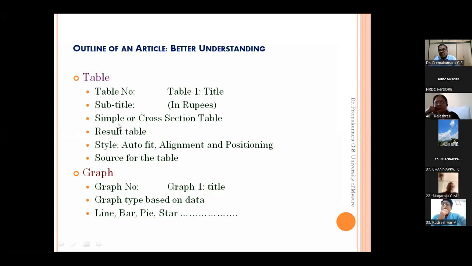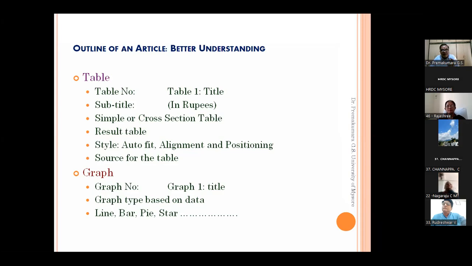And are you presenting a simple table, a cross-section table, or a result table? Whatever the table, don't forget to set auto fit, alignment and positioning. For example, headings should be centered. Words should be left aligned. Numbers within the table should be right aligned.